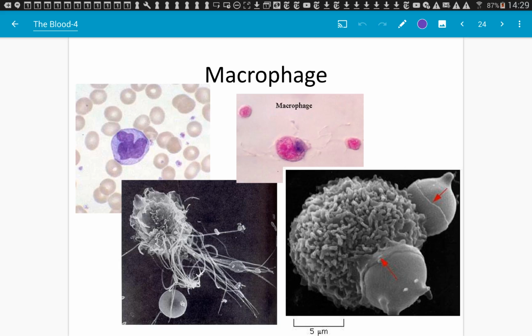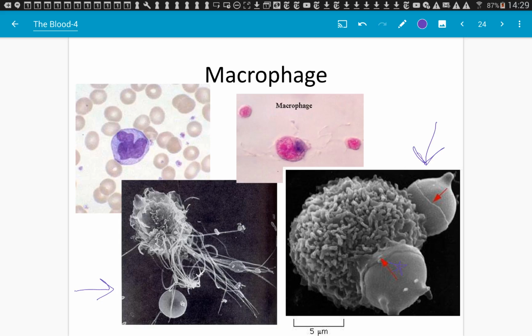This one I will not ask you to identify because the pictures are just kind of ambiguous. If I did, it would be extra credit, and it would be like these scanning electron microscopy pictures. I like these two pictures because they actually show the macrophage in the process of engulfing cells.